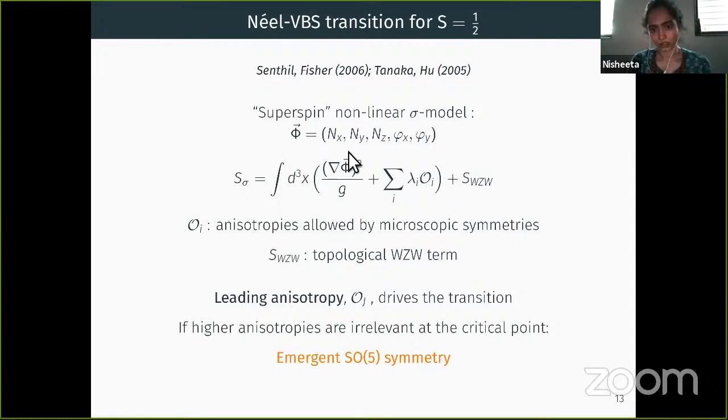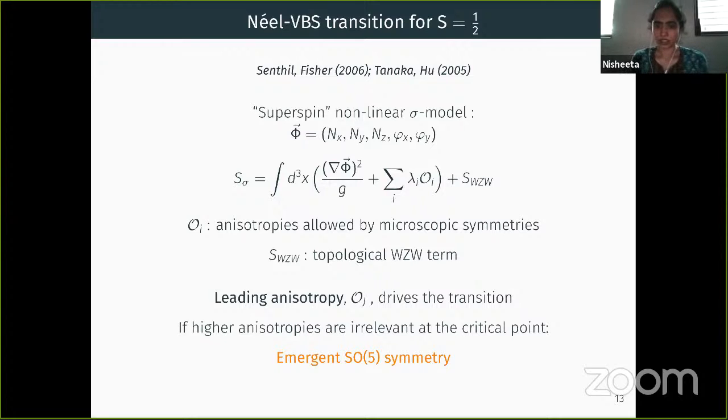So here you have the nonlinear sigma model, the first term. The last term is a topological term. And in the middle, you have these anisotropies. So these are some anisotropies which break the SO(5) symmetry of the nonlinear sigma model. And what they do is that they favor either the Néel side or the VBS side.